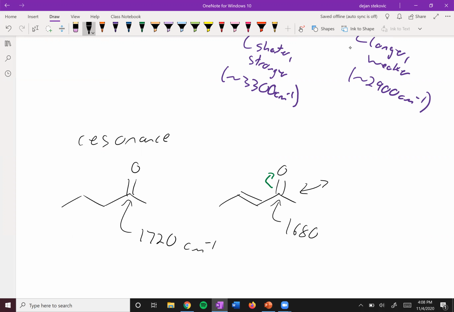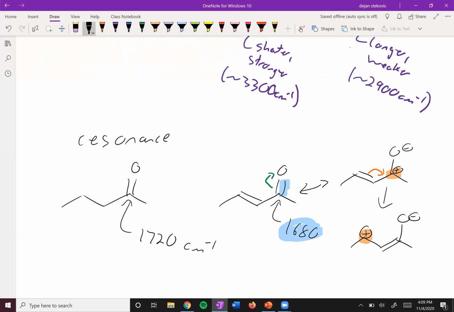So we can draw a resonance form here, and then we can kick over this double bond. And so we see that this positive charge is distributed over this carbon, and over 2 carbons, which has an additional resonance structure. And so that means that this double bond isn't quite as strong and thus absorbs at a lower frequency.